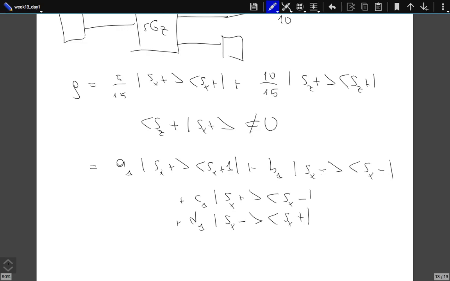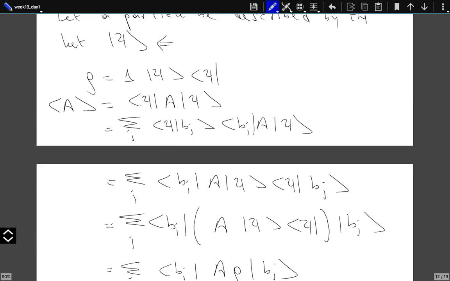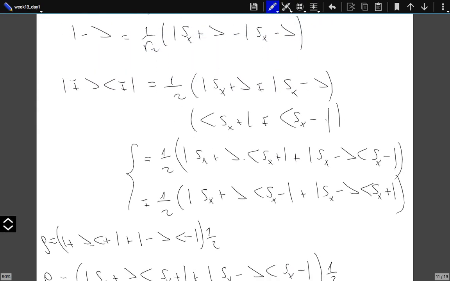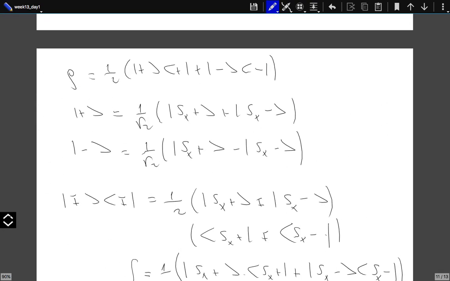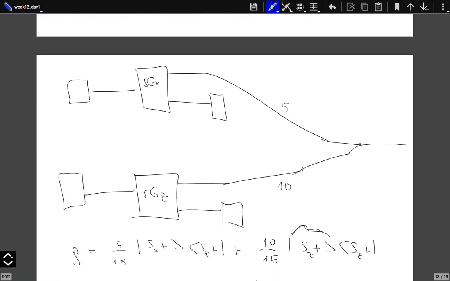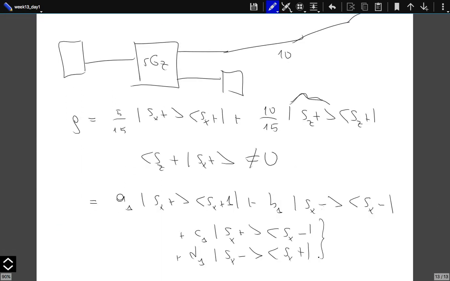B1 is the probability that you are looking for. Sure. I mean, you see, you can always write Sz plus in terms of Sx plus and Sx minus. And once you write Sz plus in terms of Sx plus and Sx minus, just like we did over here, well, the thing is, you also get these additional terms, non-diagonal terms in your density matrix. But the probability that you are looking for is this one.